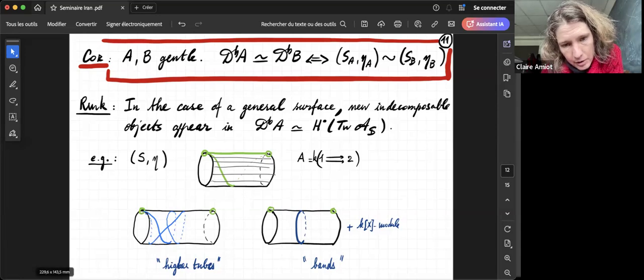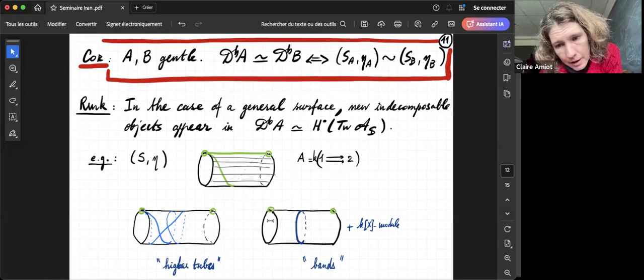So here on the left part of my picture, I draw an arc that has some self-intersections. And so this arc corresponds to an object in my derived category. Here I have two self-intersections, so it means that it will be at floor 2 of some special tube. And I also have the band object that will correspond to a closed curve here.